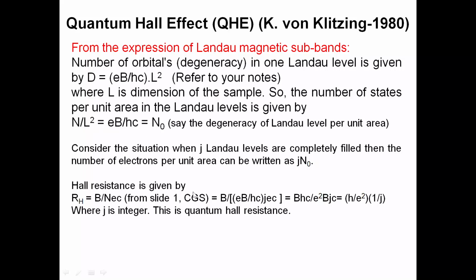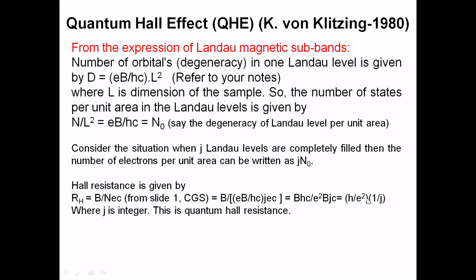So we can substitute the value of N and we can get this. J N naught is this term. If we substitute this, we will get the Hall resistance, which is the same as the Hall resistivity, because for 2 dimensions they have the same dimension.